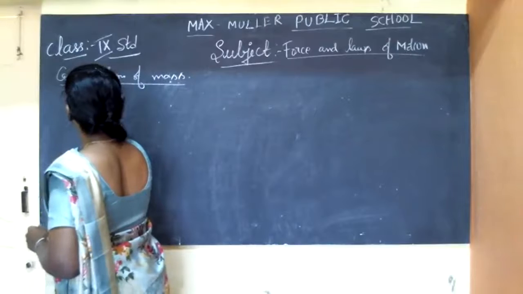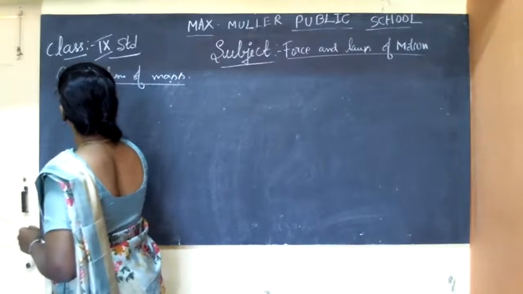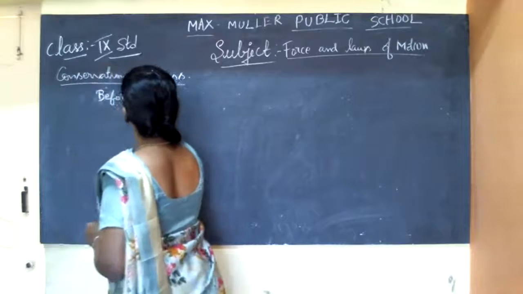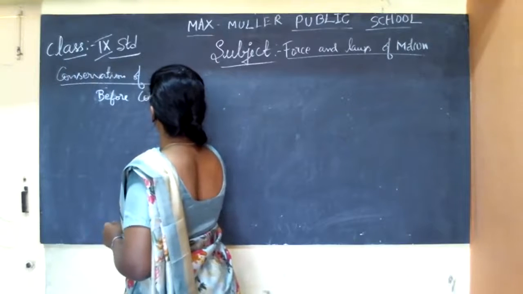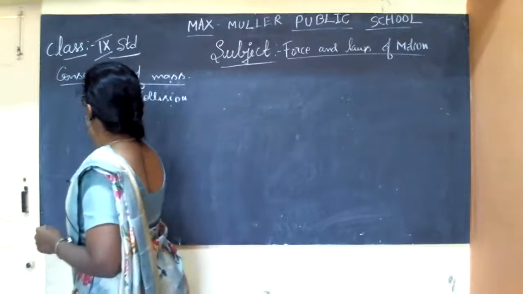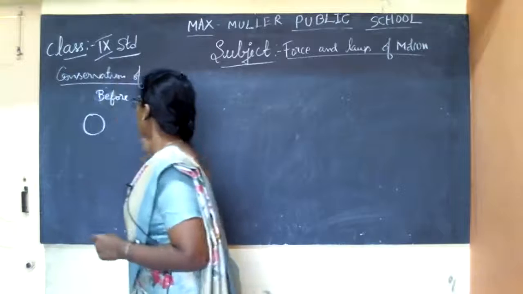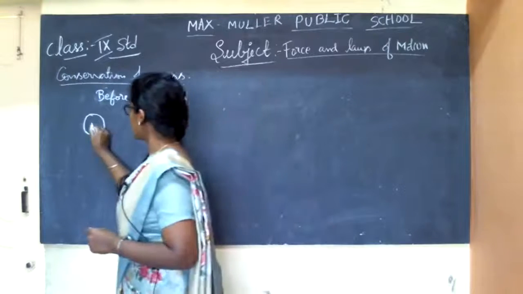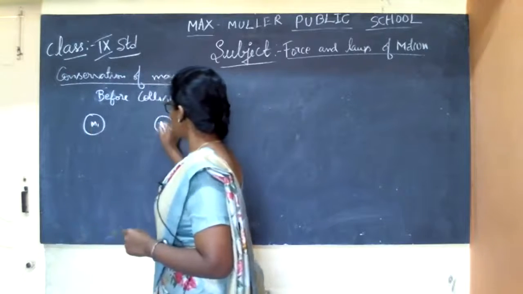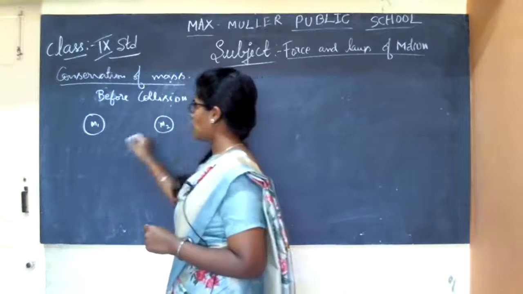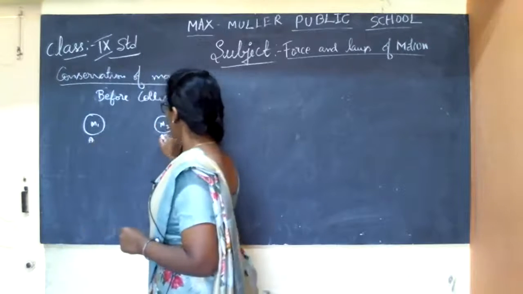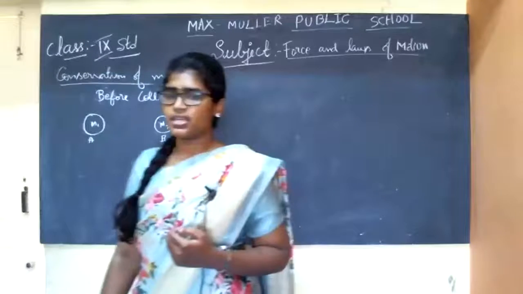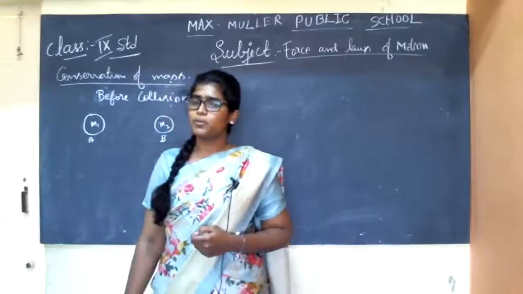So it is before collision. Where will the objects be? The objects will be far apart from each other. Let this be mass 1 of an object and this be mass 2 of an object. Before collision, what velocity will you be applying?